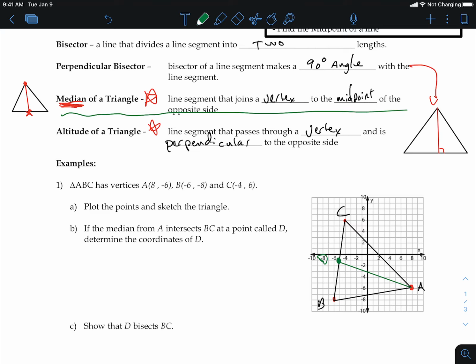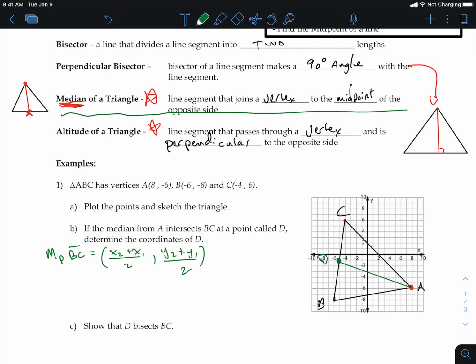Okay. Let's find the midpoint of BC. The midpoint of line segment BC is equal to x2 plus x1 divided by 2, y2 plus y1 divided by 2.